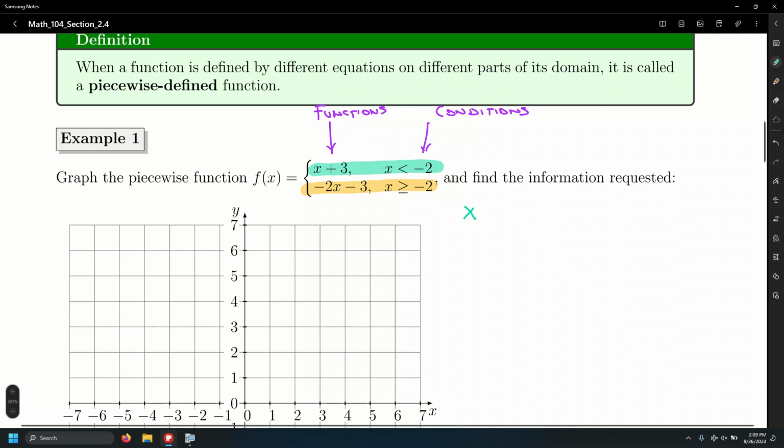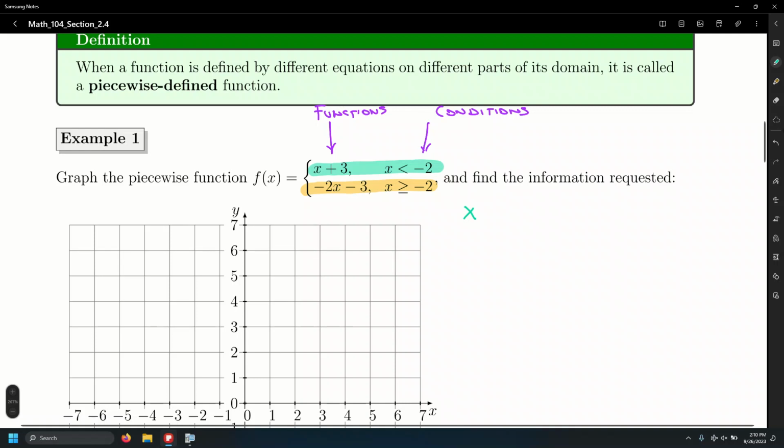What does that mean? What could that mean? That x less than negative 2? So what are those values of x that are less than negative 2? All right. Could you give some examples?